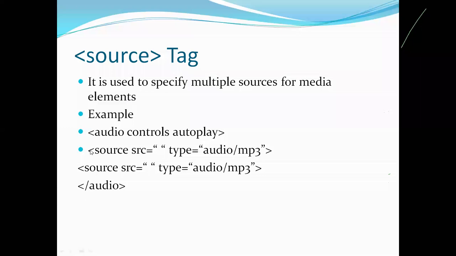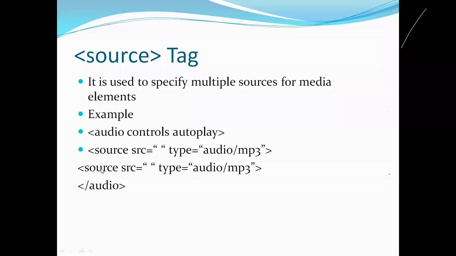For example, here the audio tag. Okay. The attributes are controls and autoplay. Here no src is specified. If I want multiple sources for the media element, then use the source tag here. src is equal to, in double quotes, the file name, type is equal to audio/mp3.